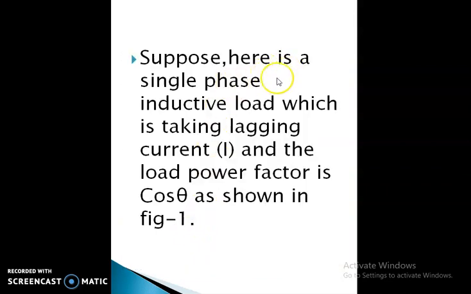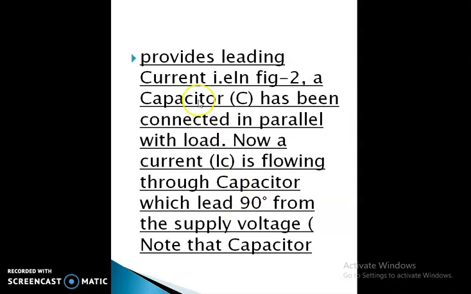Suppose here is a single phase inductive load which is taking lagging current I, and the power factor is cos theta 1, as shown in figure 1. To provide leading current, in figure 2, a capacitor C has been connected in parallel with the load. Now a current IC is flowing through the capacitor which leads the supply voltage by 90 degrees.